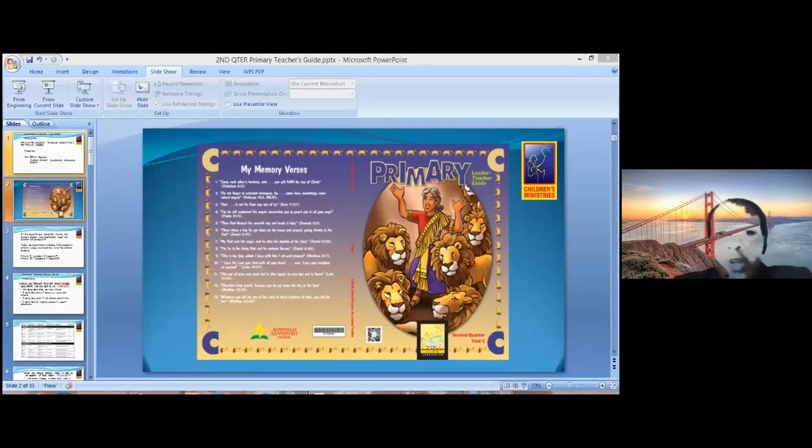This is what our primary lesson looks like. And when we look at the primary children, traditionally, we were told that it had to be for children of 2 to 4 grades. But recently, it's been recommended that if the church is very large, the primary class can be divided into 2 grades: primary 1, that is grades 1 and 2, for 6 to 7 years, then primary 2, that is grades 3 and 4, for 8 to 9 years.